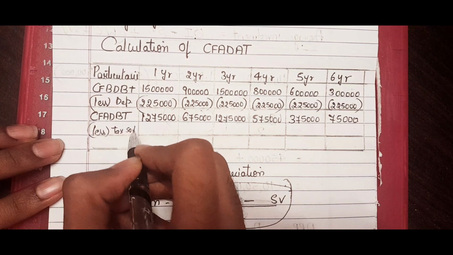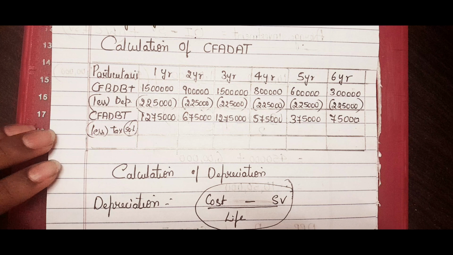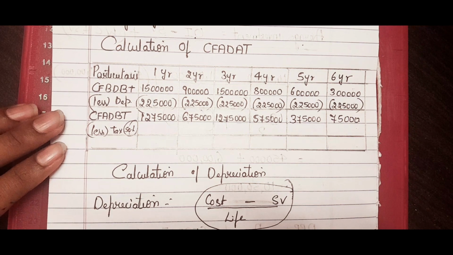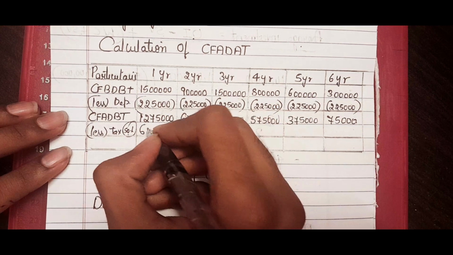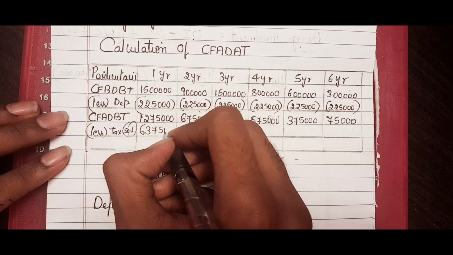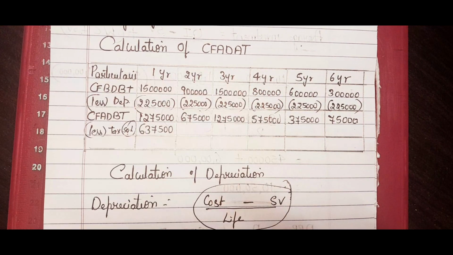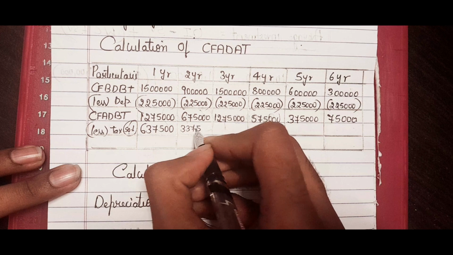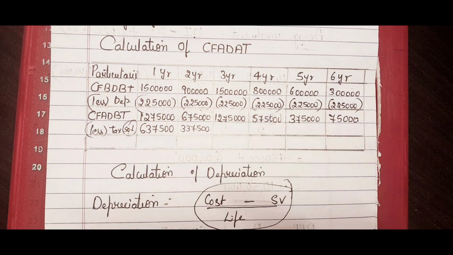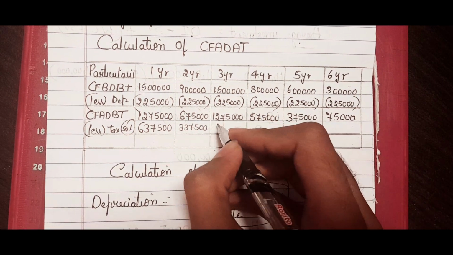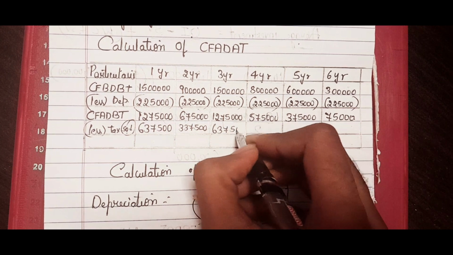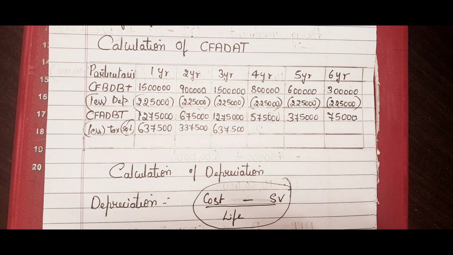In the question they have told us tax is 50%. So 12,75,000 into 50% will be 6,37,500. 6,75,000 into 50% will be 3,37,500. 12,75,000 into 50% will be 6,37,500.